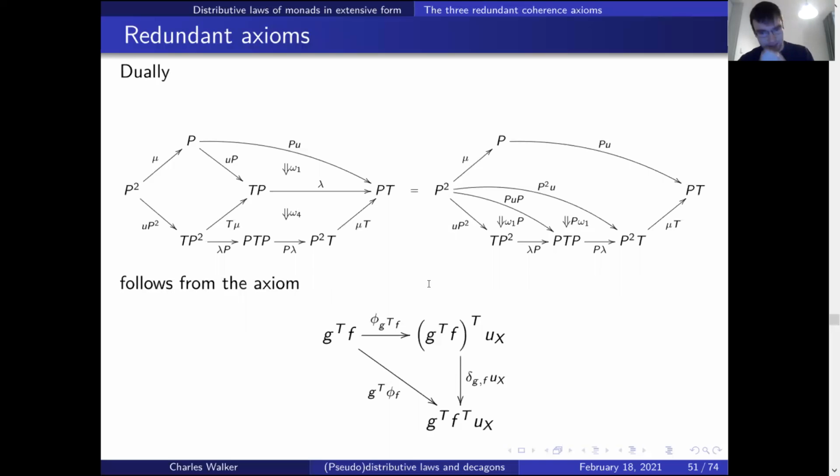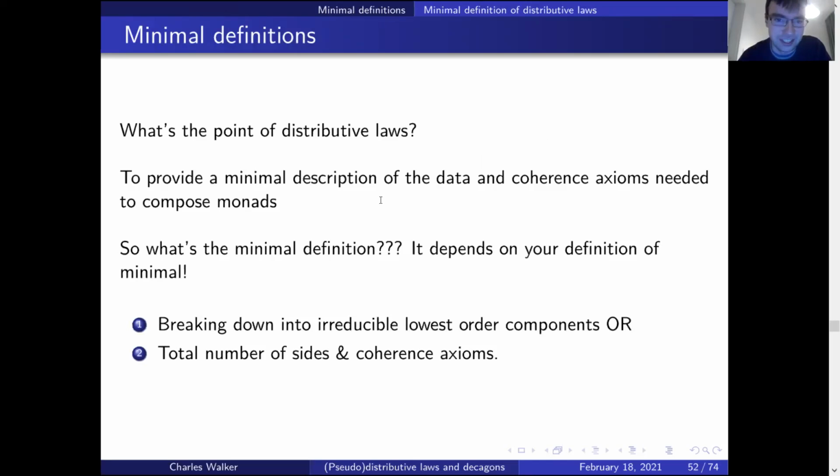Right, so maybe I'll say a little bit about the minimal definitions now. What's the point of distributive laws? Well, to give a minimal description of the data and the coherence axioms that you need to compose monads or extend to the Kleisli or lift to the algebras and so on. So it raises the question, what's the minimal definition?